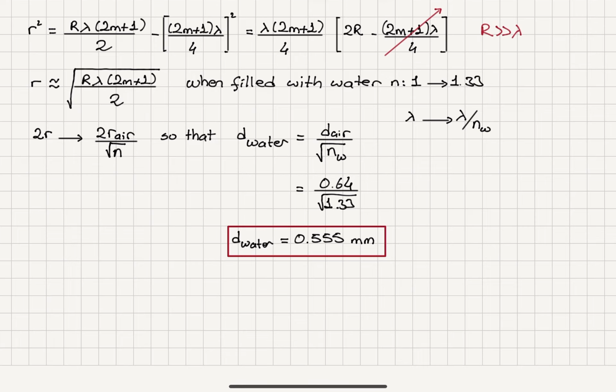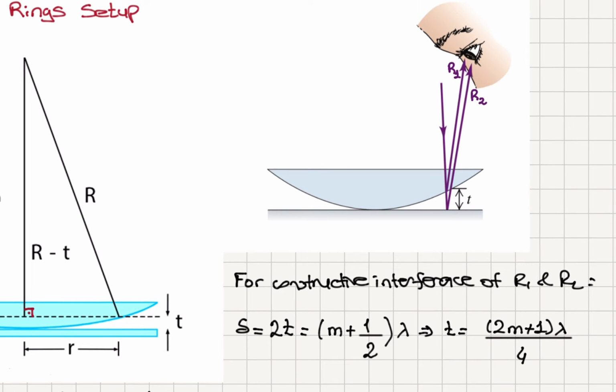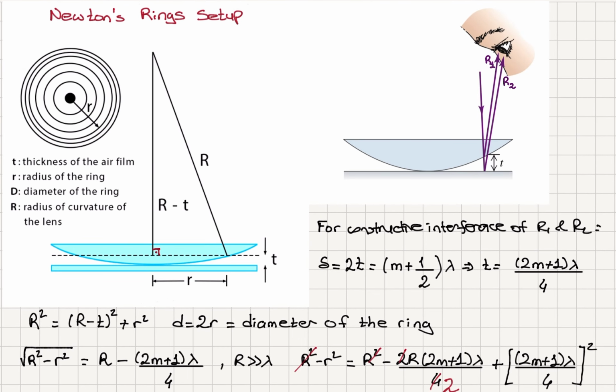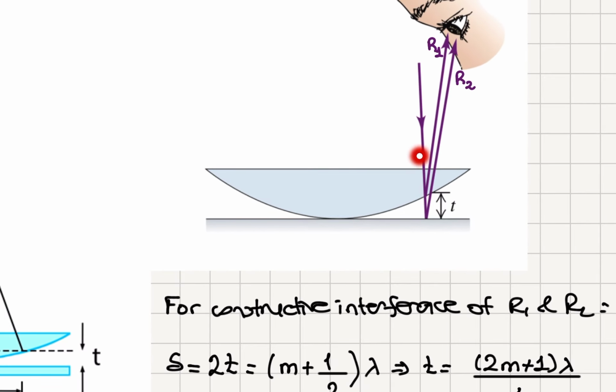Okay, so let's take a look at what we did here. So we're observing these Newton's rings. So we are looking at a distance r from the center. And when we are at a distance r from the center, we have the ray 1 that is reflected from the lens air interface and ray 2 that is reflected from the air glass plate interface, interfering to give me an image.